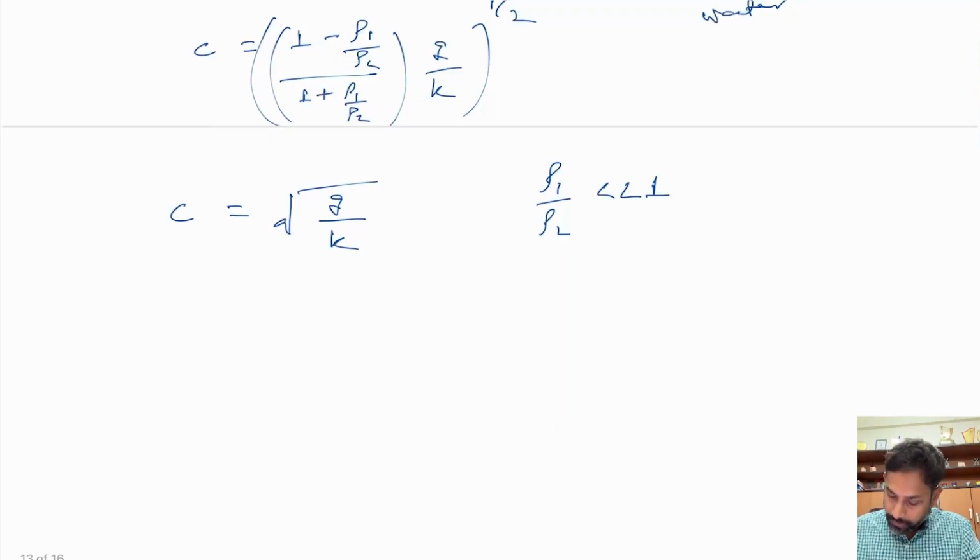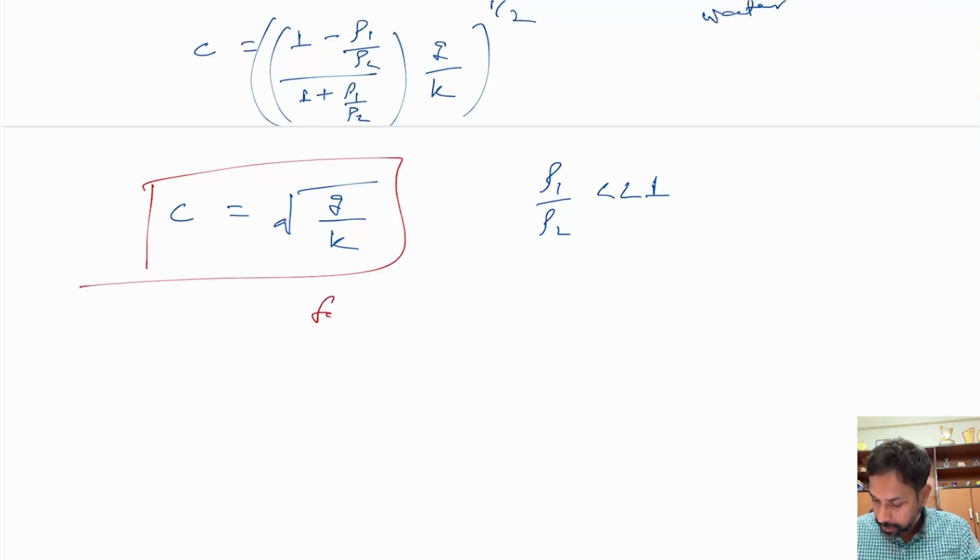And now if you go back and look at your analysis, you will find that this is the equation we already got for the dispersion equation for deep water waves, where your phase speed is inversely proportional to the square root of the wave number, right?